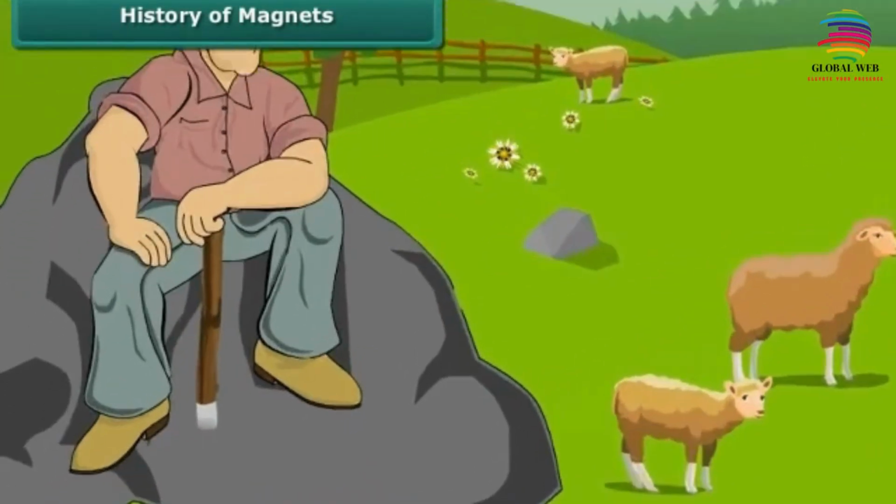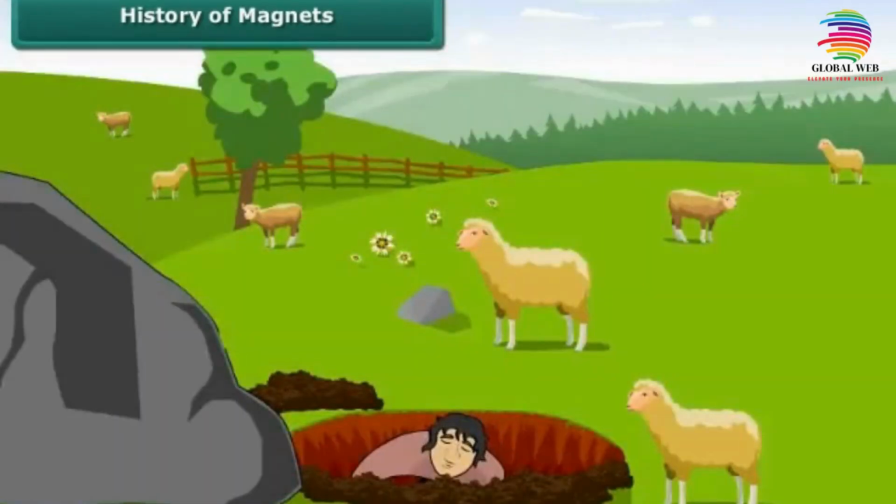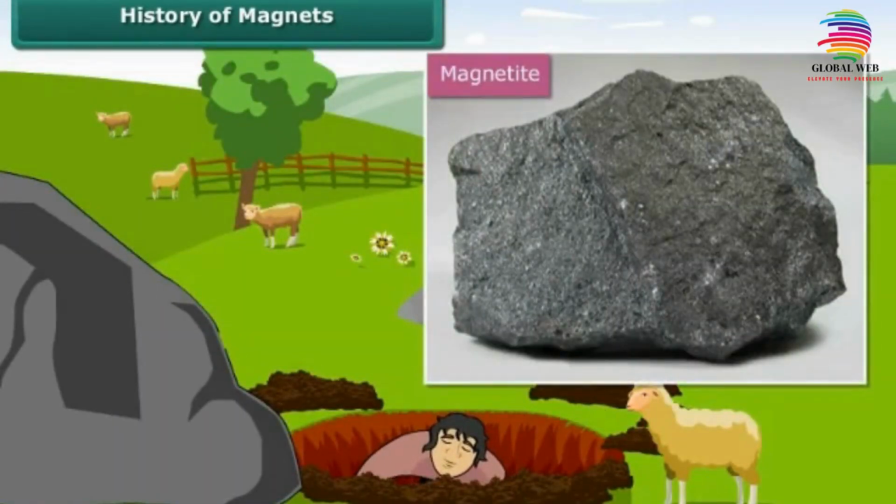Suddenly, the metal tip of his stick became firmly stuck to a large black rock on which he was sitting. To find the source of attraction, he dug up the earth to find magnetite, a natural magnetic material. This type of rock was subsequently named magnetite, which was named after Magnus himself.